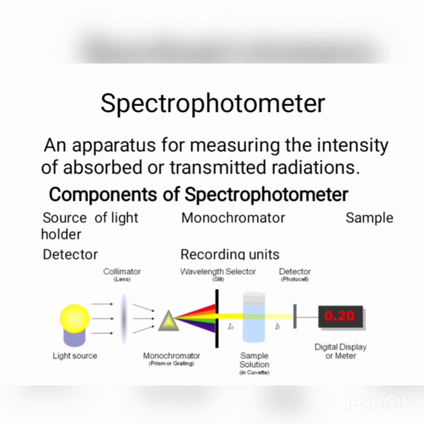In the slit, the light gets only one direction. You will see the yellow light falls on your sample solution, and after passing through the sample, detection takes place by a photocell. After that you will find the data of your sample solution. It is a simple diagram of a spectrophotometer.